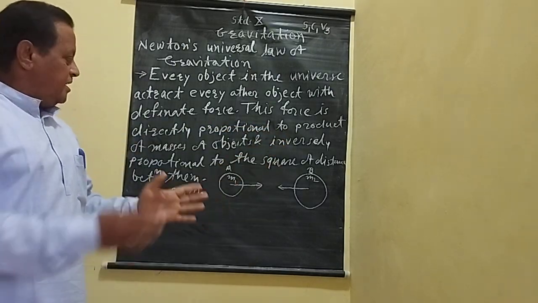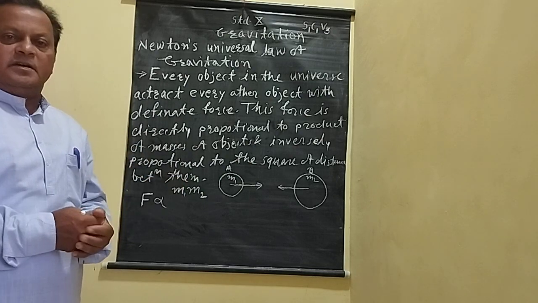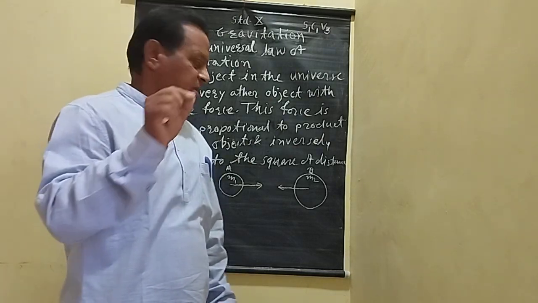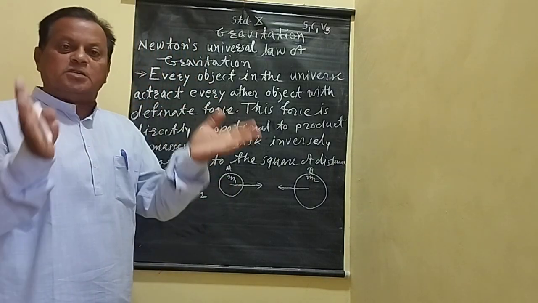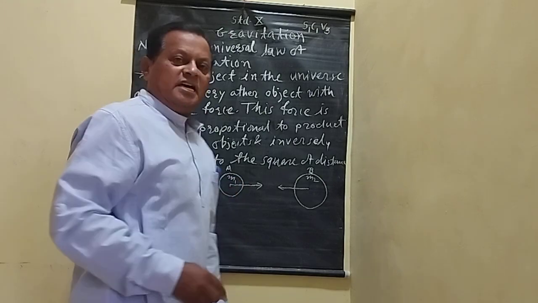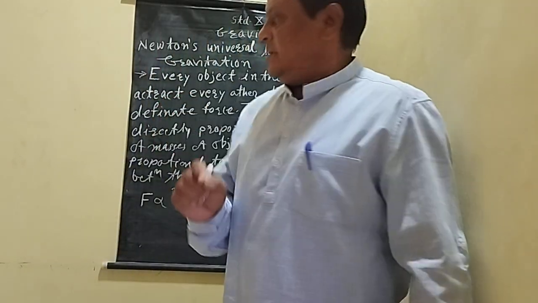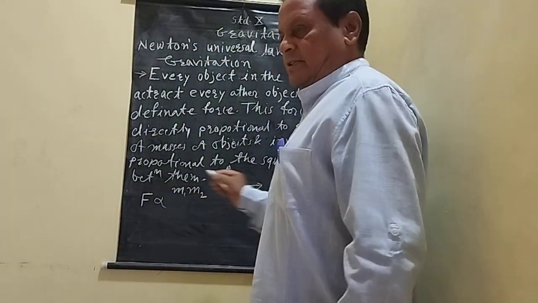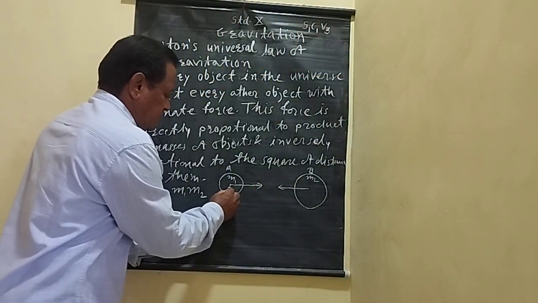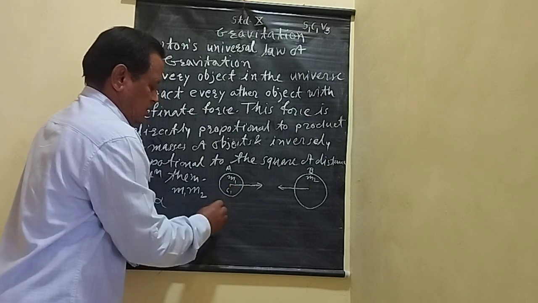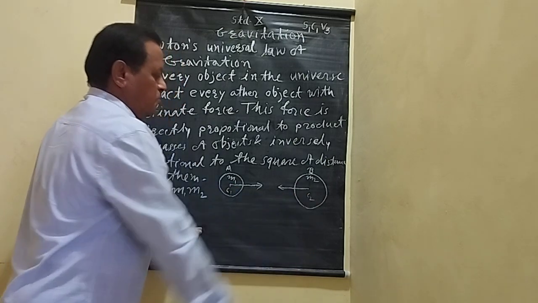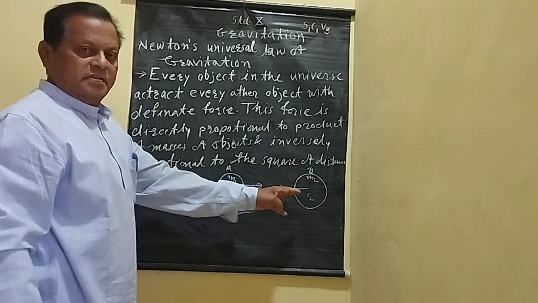The other point is that it is inversely proportional to the square of the distance between them. Inversely. So which distance must be taken? When bodies are spherical, the distance is taken as the line joining the centers of the spheres. Suppose this is the center of body 1 and this is the geometrical center of body B, C1 and C2.